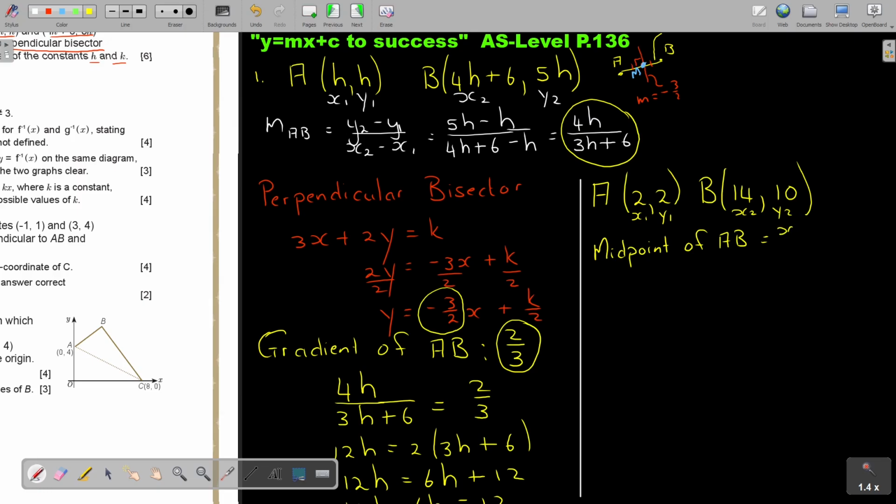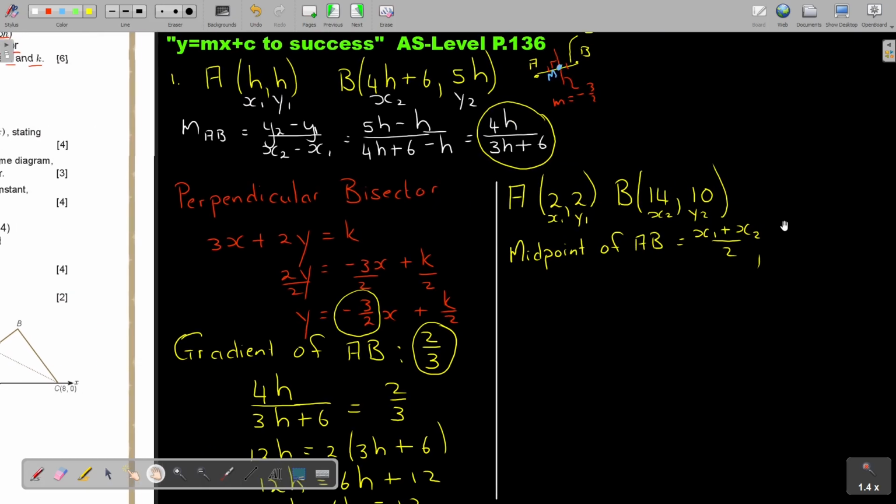The midpoint is x1 plus x2 divided by 2, and y1 plus y2 divided by 2. That is 14 plus 2 divided by 2, and 2 plus 10 divided by 2. That is 16 divided by 2, which is 8, and 12 divided by 2, which is 6.